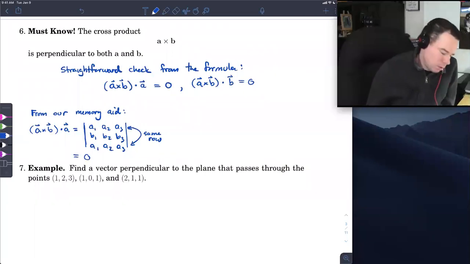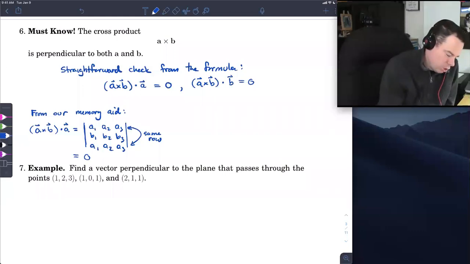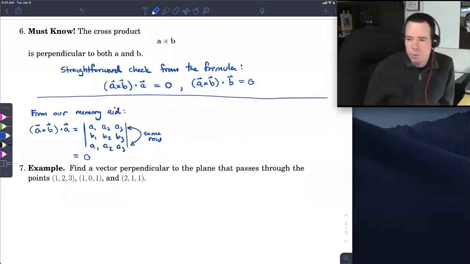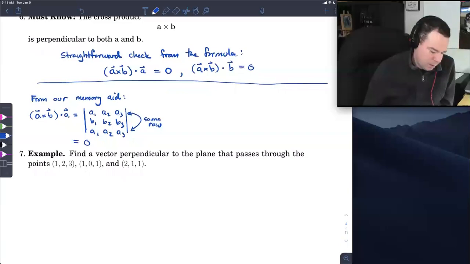But if you haven't seen determinants before, that might be a little bit over your head, so not to worry. There is just that straightforward check right here. Just do that and you can find that these are equal to 0. So the cross product is perpendicular to both A and B. That's what we wanted it to be, and so there's a check that our formula does indeed produce such a vector.